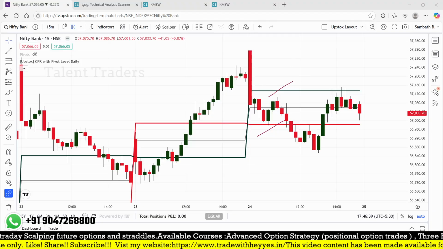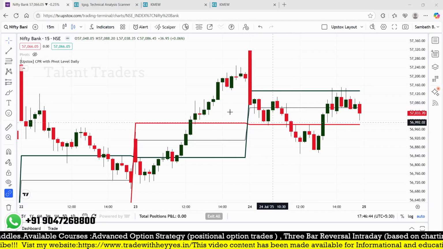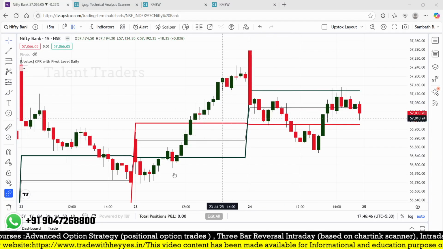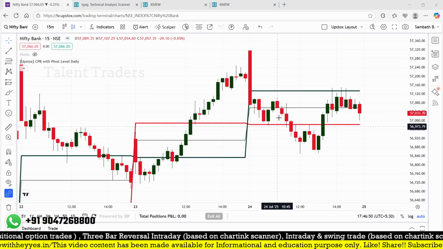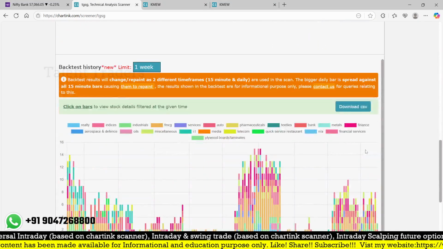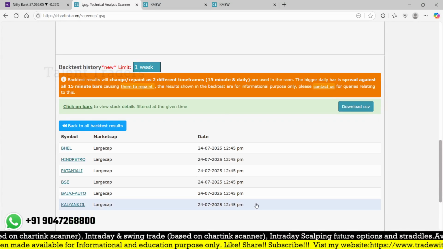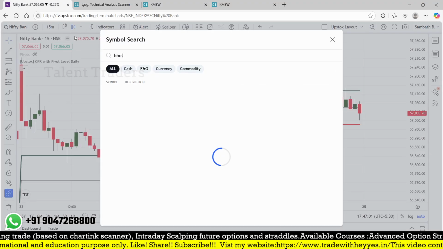So that kind of thing we will be finding out with this, and I will also find one more logic to get it simply. It will be inside between the TC and BC. So this will fetch you the stocks whose 15-minute candle is inside between. So randomly check BHEL 1245 today. Let me go for BHEL.